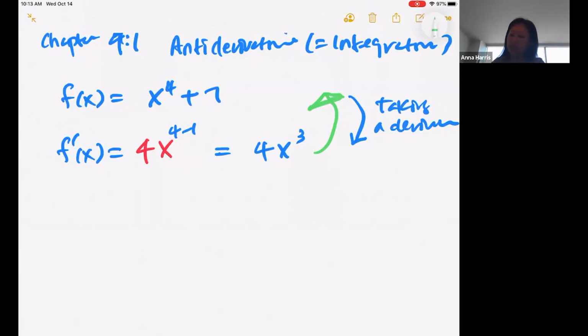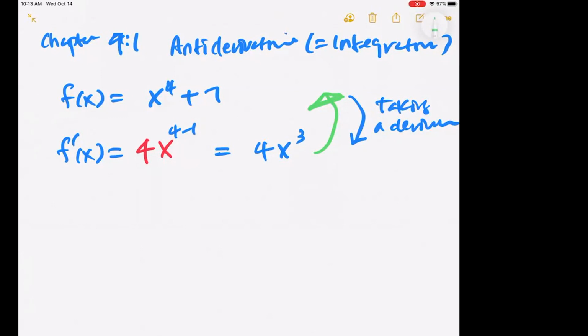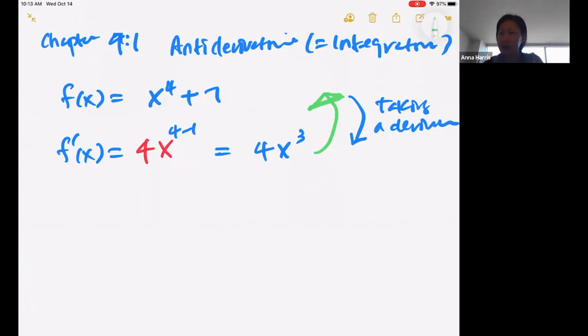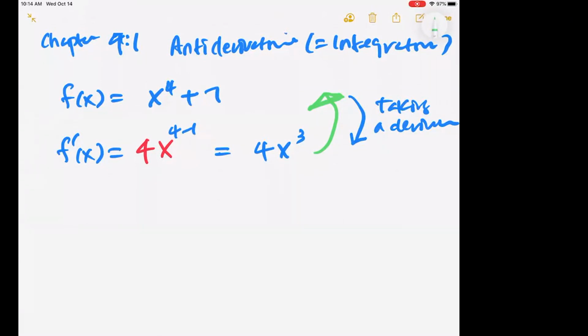So I'm going to do exactly the opposite. I used to multiply by my power. So what is the opposite of multiplication? Jalen, what is the opposite of multiplication? Is Jalen here? Or Bernice, what is the opposite of multiplication? Is it division? That's right.